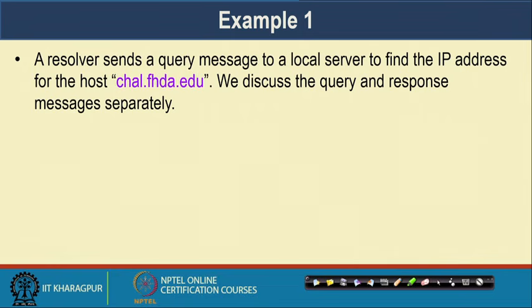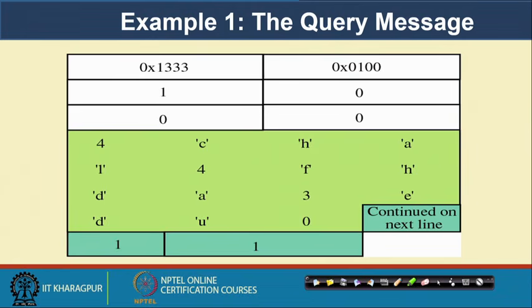So, let us see one or two examples. A resolver sends a query message to a local server to find the IP address of chal.fhda.edu. We discussed the query and response separately. So, this is the typical format where you see that it is encoded. These are the different fields.